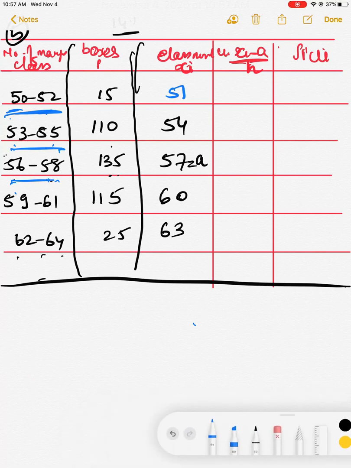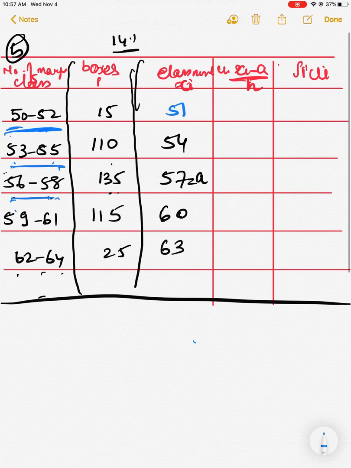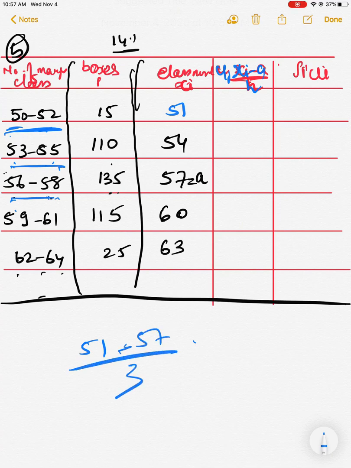Next, we have to do the step deviation method. What is the formula? ui is equal to xi minus A upon h, the class size. xi is 51, minus A which is 57, upon class height 3. So minus 6 upon 3, we get minus 2.